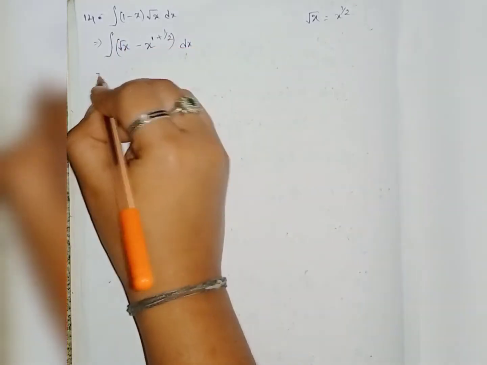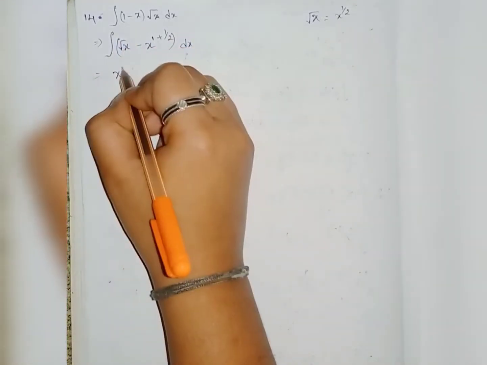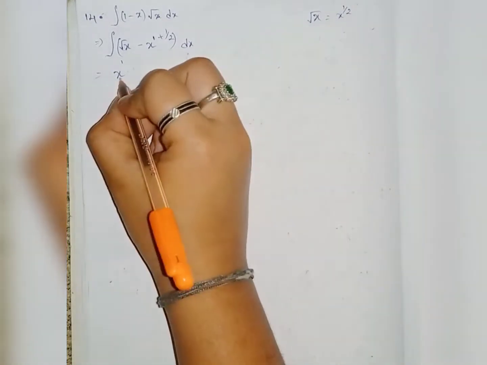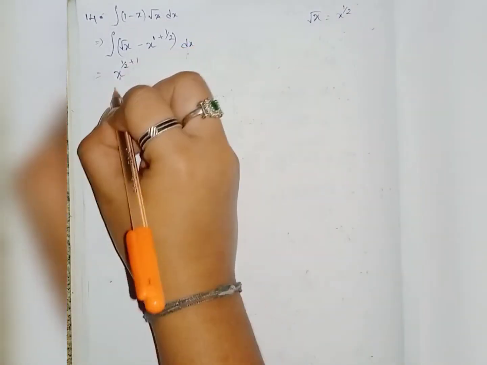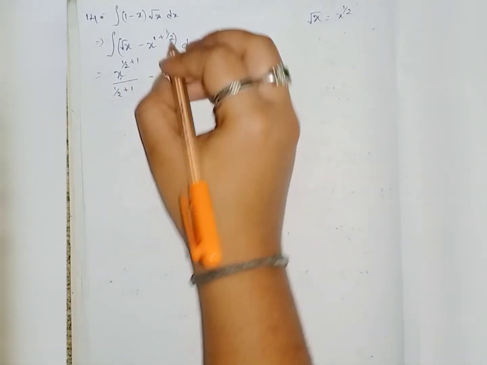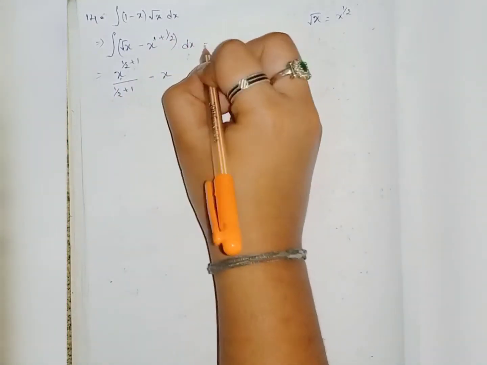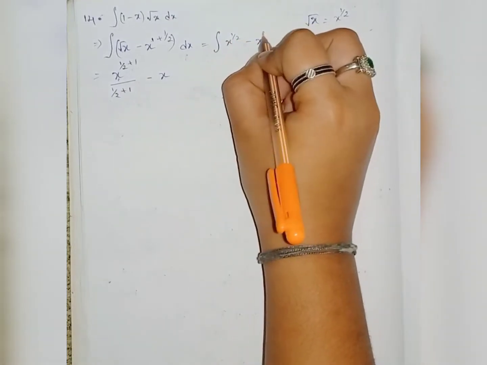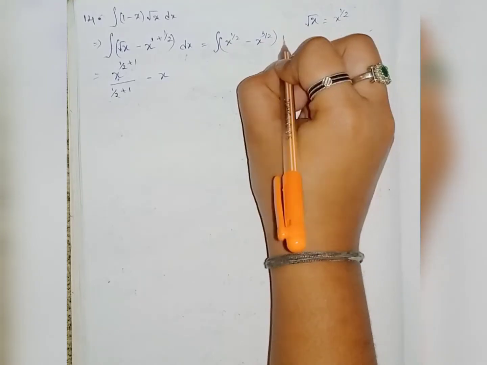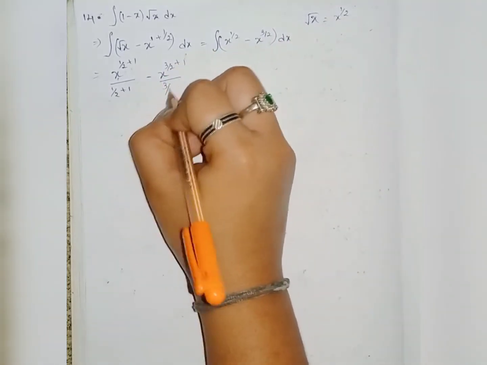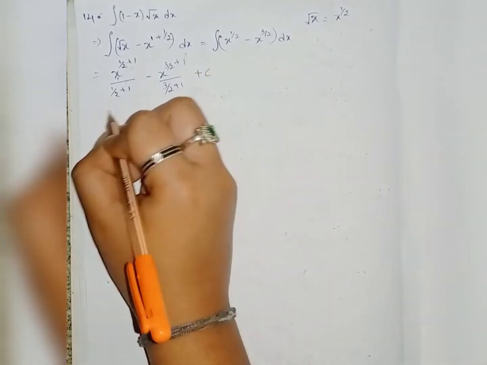Now the integration of root x is x to the power half plus 1 by half plus 1, minus x to the power 3 by 2 plus 1 by 3 by 2 plus 1, plus c.